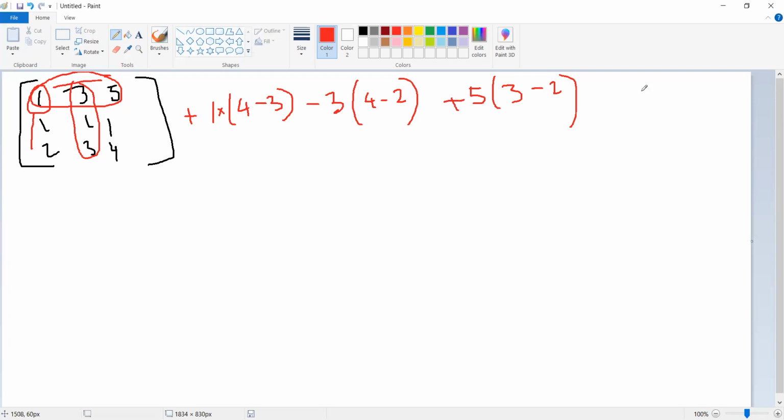If you had one more, it would have been minus. So 4 minus 3 is 1, into 1 is 1. Minus 4 minus 2 is 2, 2 into 3 is 6, so minus 6. Plus 3 minus 2 is 1, into 5 is 5.